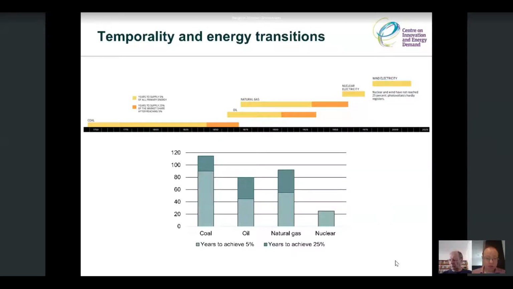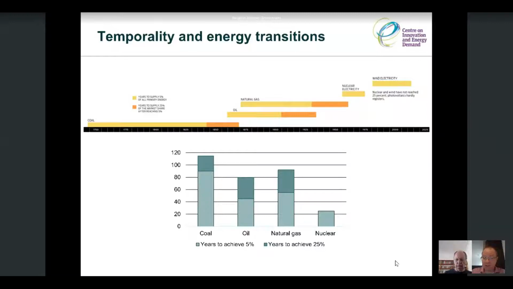So as you can see, it took coal 83 years to reach just 5% of total primary energy supply, and it took another 20 or 30 years for it to reach 25%. So almost 120 years for the coal transition to reach 25%, from before 1750 to 1873.